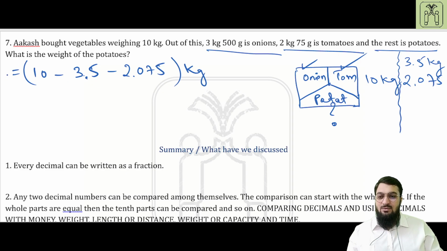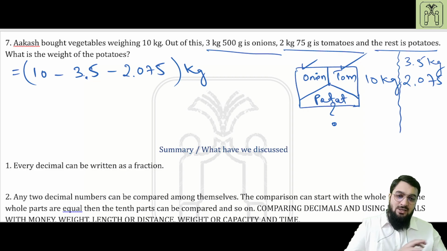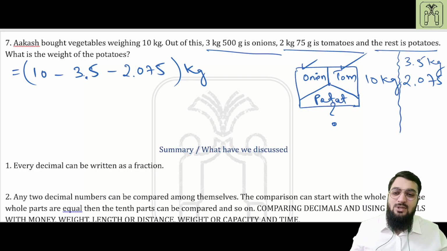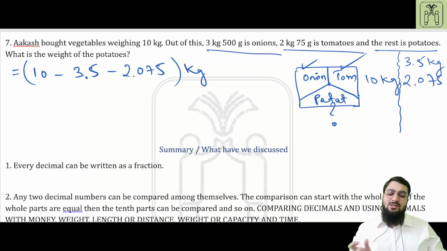And before that, we will write that total weight of potatoes can be found out by subtracting the weight of onions and tomatoes out of the total weight of the vegetables. This will be mentioned. After that, equal to sign will be there, and then this particular thing will be mentioned as we have written.